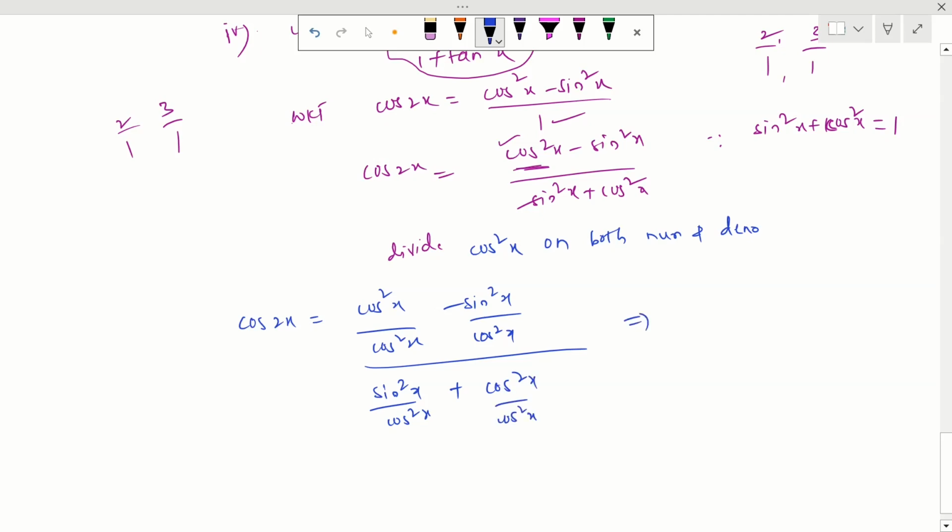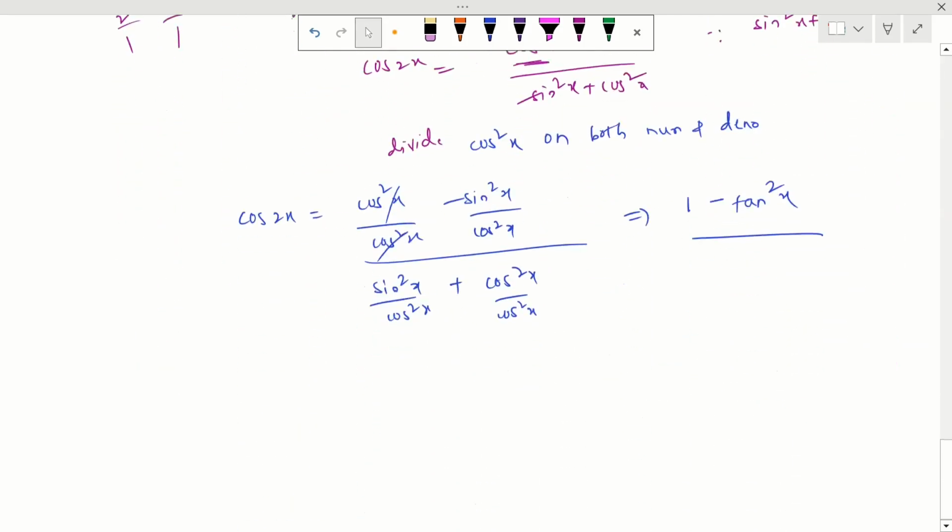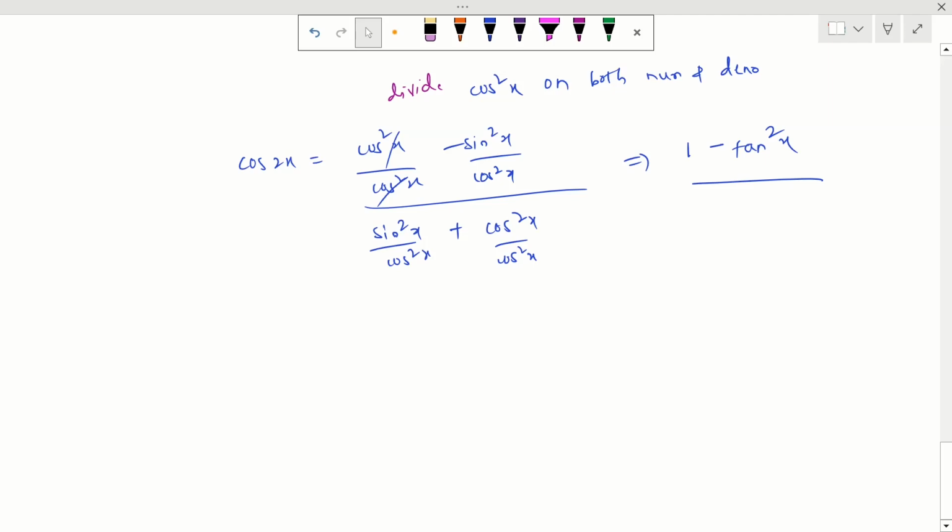Simplify this: cos square x gets cancelled, 1 minus sine by cos, which is tan square x, and in the denominator cos square cancels, 1 plus tan square x.